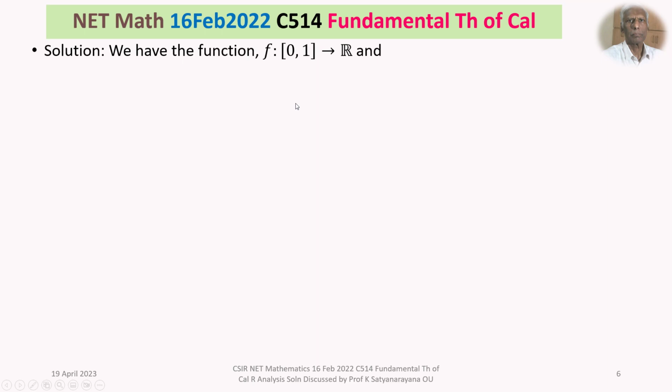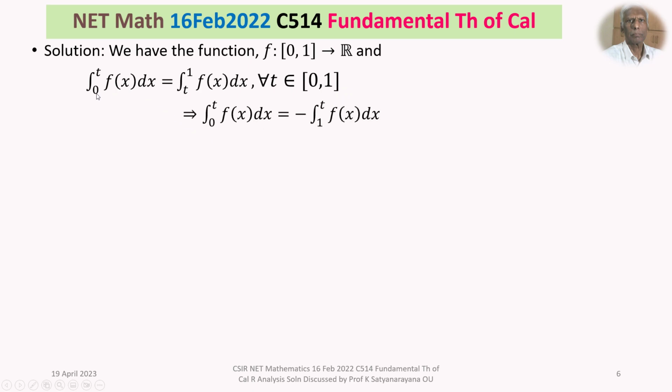We now discuss the solution of the problem in detail. We have the function f from the closed and bounded interval 0 to 1 to R, and it satisfies integral 0 to t f of x dx is equal to integral t to 1 f of x dx for all t belongs to the closed and bounded interval 0 to 1.